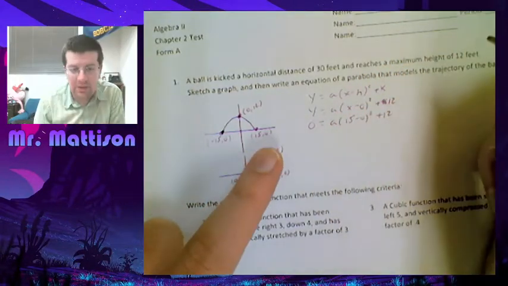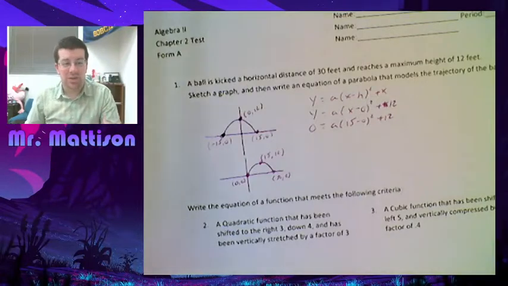plus 12. Now the only variable that I have is my a, so I can actually go through and solve that out.